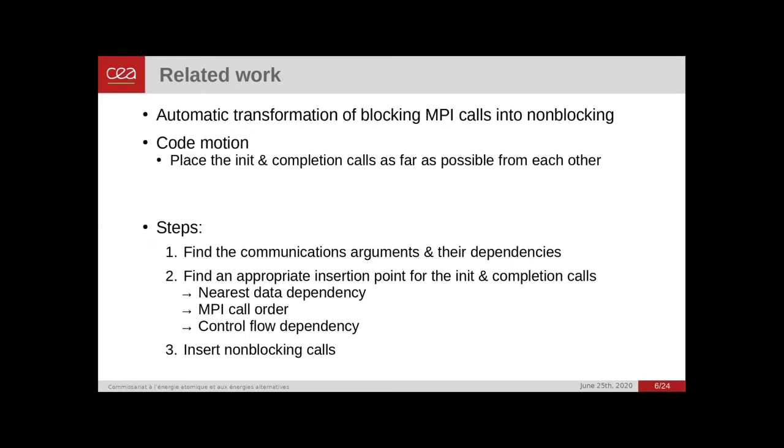Then they try to find an appropriate insertion point for the initialization call and completion call. It can be, for example, the nearest data dependency, another MPI communication call, so that we preserve the order of MPI communications, or it can be a control flow dependency. Finally, they insert the MPI non-blocking calls at the appropriate insertion point.